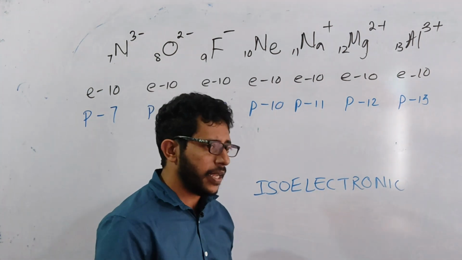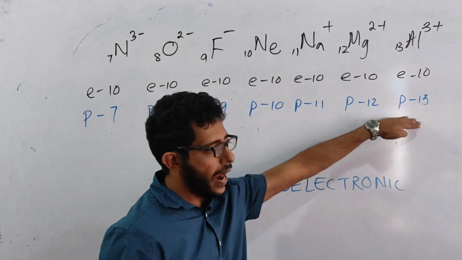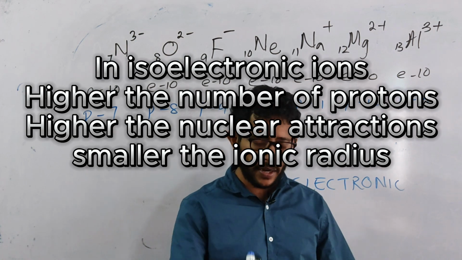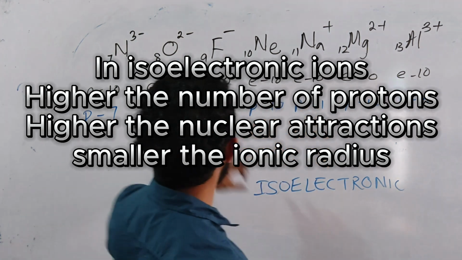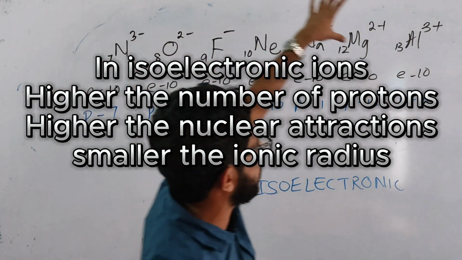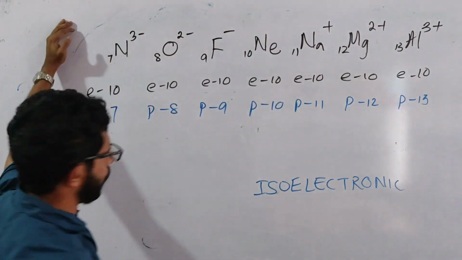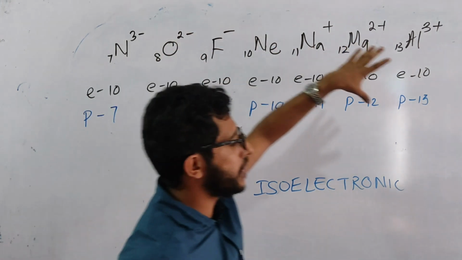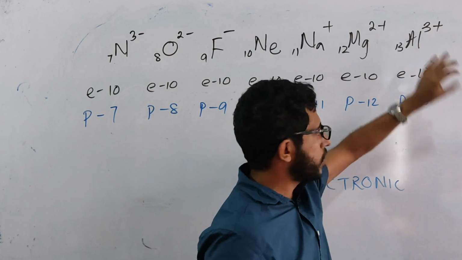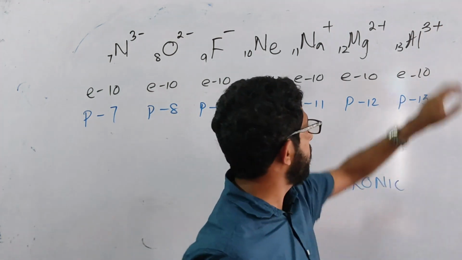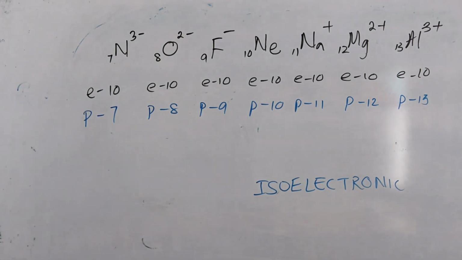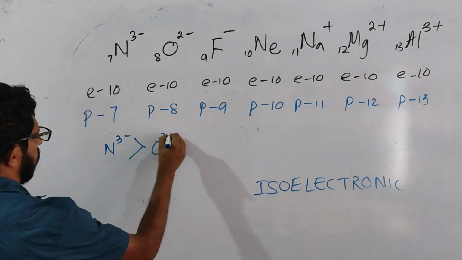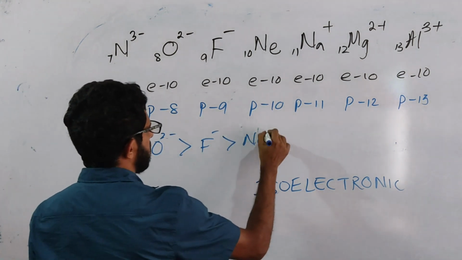Higher the number of protons, greater the nuclear attraction, smaller the ionic radius. So when you compare N3- and Al3+, N3- has the largest radius because it has only 7 protons to keep 10 electrons. But in Al3+ there are more protons than electrons, so the effective nuclear attraction is much greater. So N3- is the largest, then O2-, F-, so it varies like this.